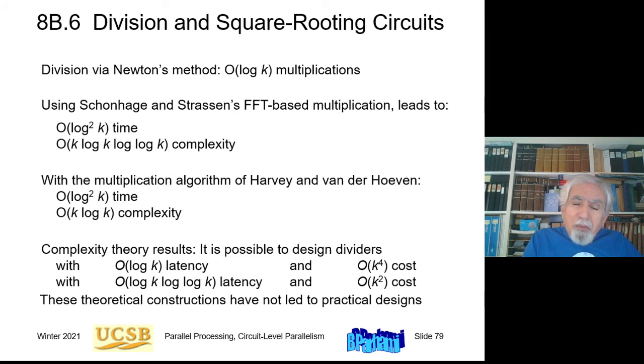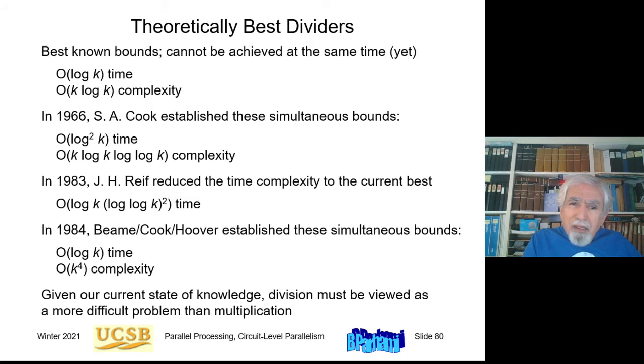For division, I won't discuss an actual algorithm, but will go through the theoretically based best dividers. The best known bounds for division are order log k time. The fastest we can divide is in order log k. And the least circuit complexity is order k log k, like multiplication.